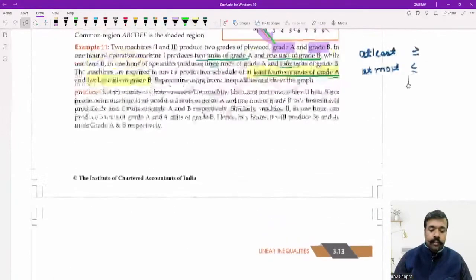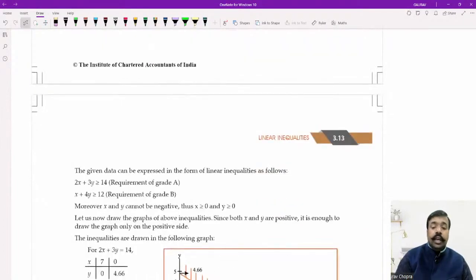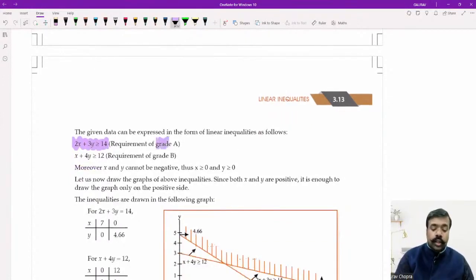Machine 1 produces 2 units of grade A and 1 unit of grade B. Similarly, machine 2 in 1 hour of operation produces 3 of grade A and 4 of grade B. By combining this, we can form our simple equation, that is 2x plus 3y should be greater than equal to 14. This is for grade A.